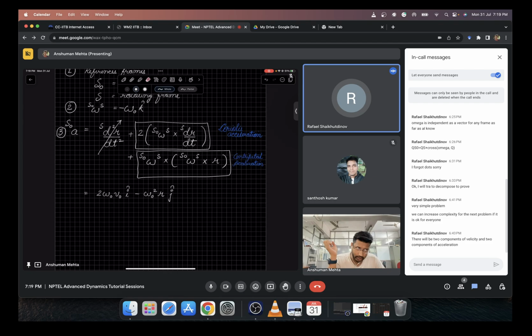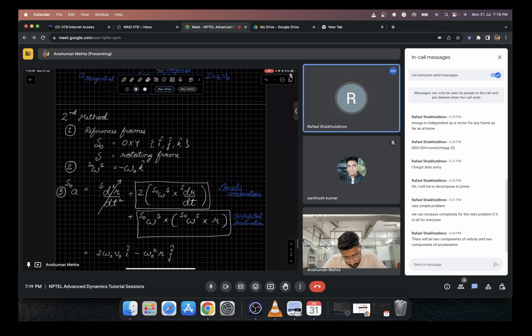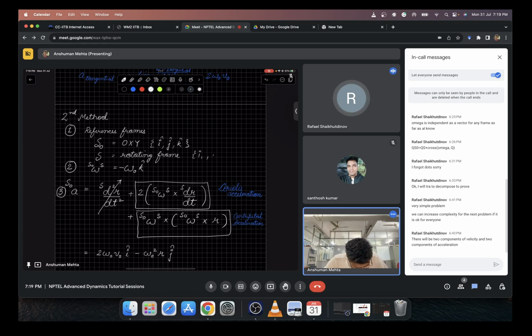ijk in rotating, okay, got it, that's the problem. We can do this extra step. Let's say this is I1, J1, K1, and this is I2, J2 and K2, and we have a mapping matrix from this to that.